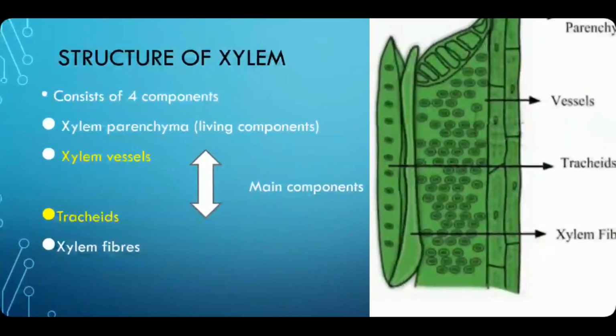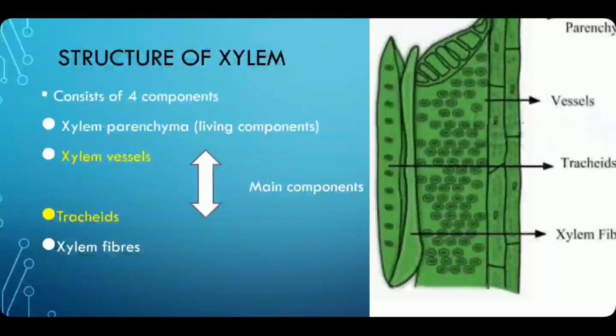Among all these four, only xylem parenchyma is a living element of the xylem. It provides nourishment to the xylem tissue. The next three, that is vessels, tracheids, and xylem fibers, are all dead cells.